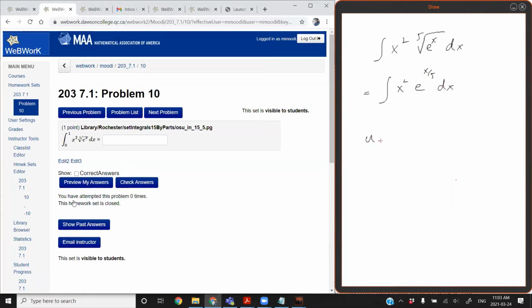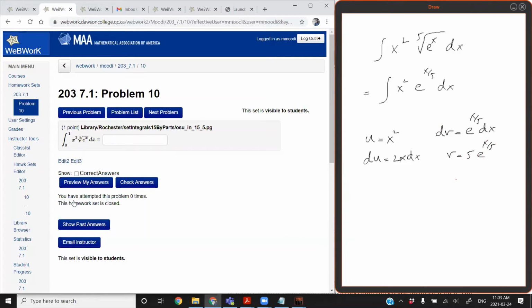You can take u to be x squared, then du. This procedure is like an algorithm that you have to practice a lot. Then you take dv, and v is going to be 5 times e to the power of x over 5, because if you take the derivative of that.